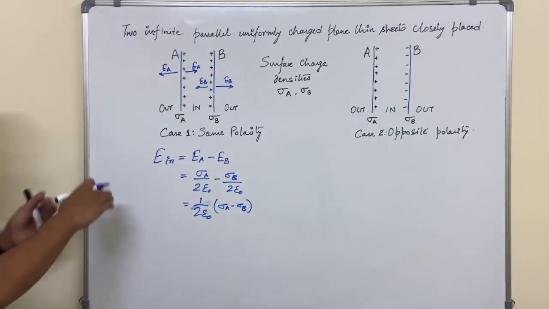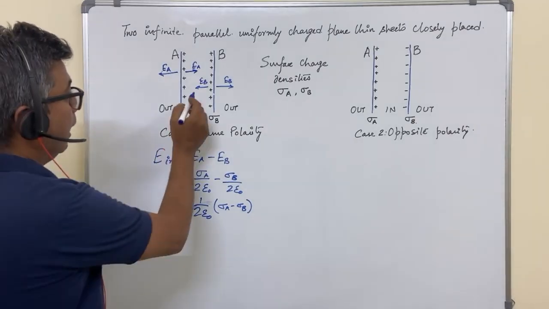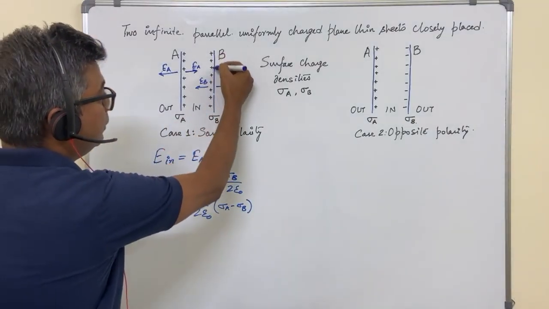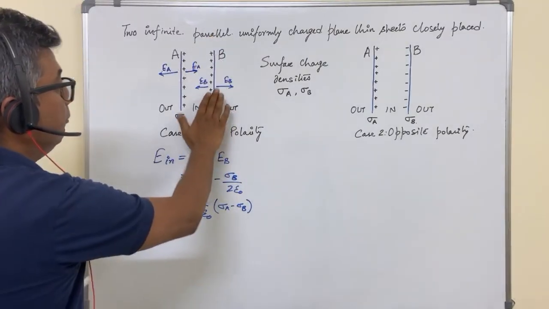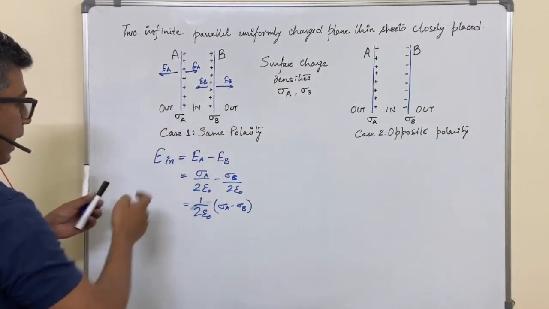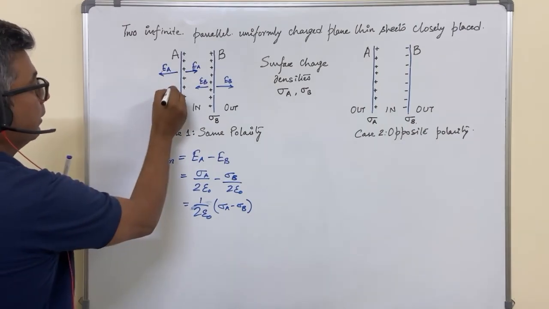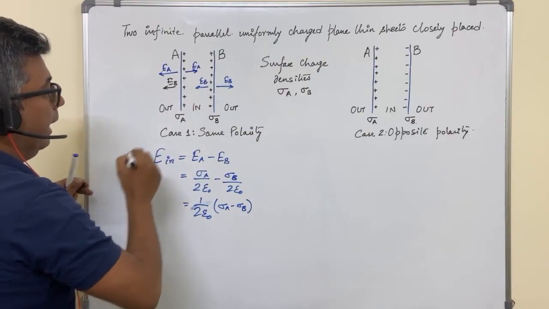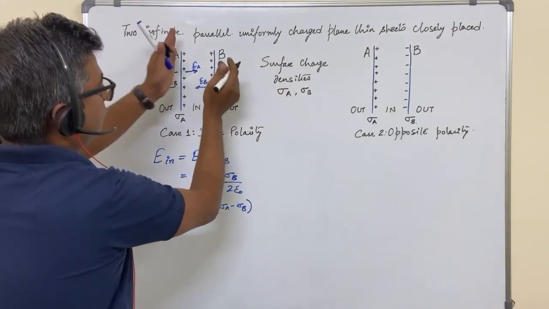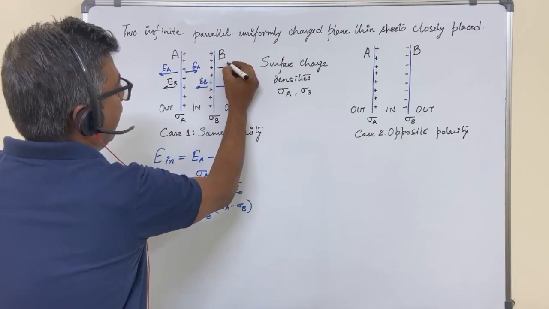What happens outside? Outside, because of the right hand side plate, which is the B plate, we will have an additional EB here. And outside here, because of this plate, we will again have an EA.